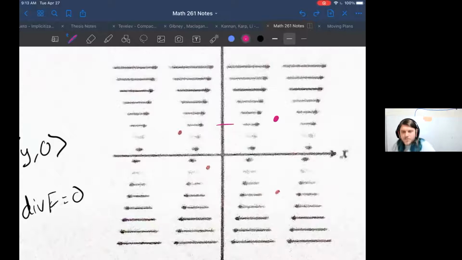And if you go negative y, then you get the opposite direction. So if you take a point here, you have a vector pointing to it, but you have that same magnitude vector pointing away from it. And you don't have any up or down motion here. This is an equal velocity pushing vectors to a point and an equal velocity pushing vectors past that point.